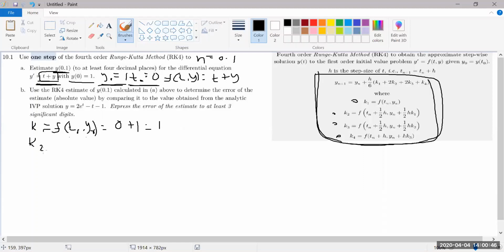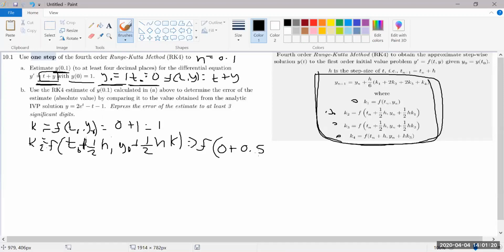And for K2, we're going to use the formula given here. So we have f evaluated at t naught plus 1/2 h, comma, y naught plus 1/2 h times our k1. So we get f evaluated at 0 plus 0.05, because that's 1/2 of our 0.1, and then comma, 1 plus 1/2 times 0.1 times our 1.